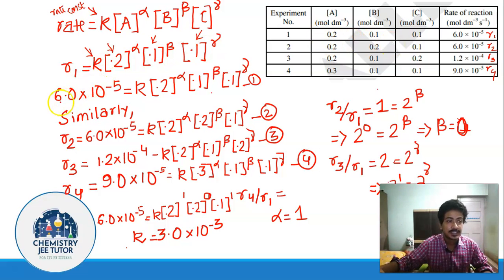So what are we getting? This one is again given in the problem itself. This is the rate of the reaction. You write the rate of the reaction equal to the rate constant into 0.2 to the power alpha, 0.1 to the power beta and 0.1 to the power gamma. Now you give this as equation 1.